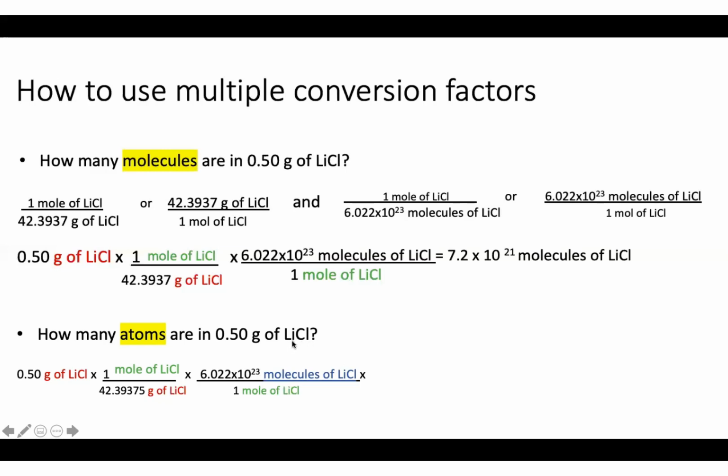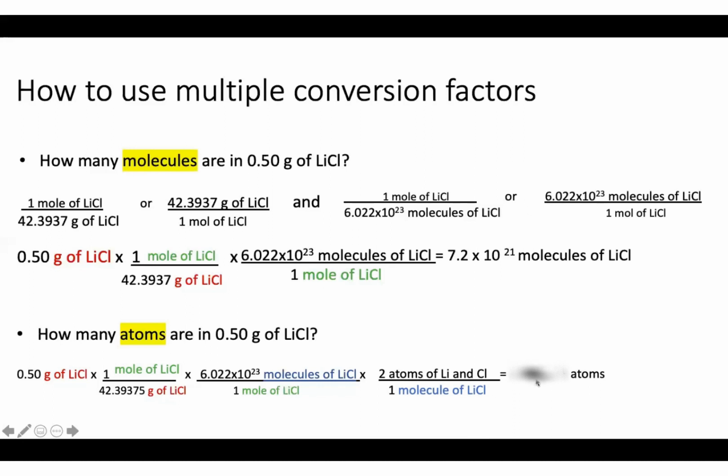There are 2 elements, 1 lithium and 1 chlorine. So we can conclude that we have 1 atom of lithium and 1 atom of chlorine in this compound, so 2 atoms in 1 molecule of lithium chloride.